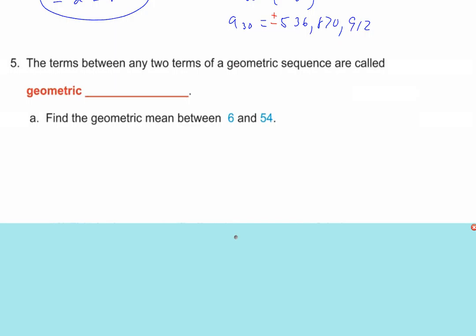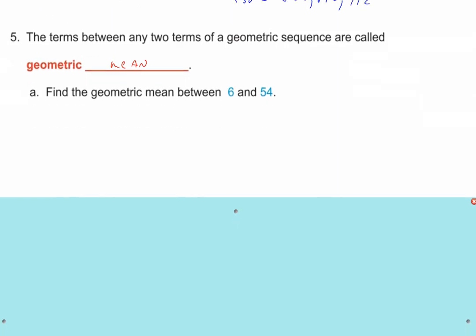All right, let's go back to the geometric mean. Terms between any two terms of a geometric sequence are called the geometric mean. We had the arithmetic mean the other day with an arithmetic sequence, and now you have a geometric mean for a geometric sequence. In this situation, we know that there's just one because it says find the geometric mean.